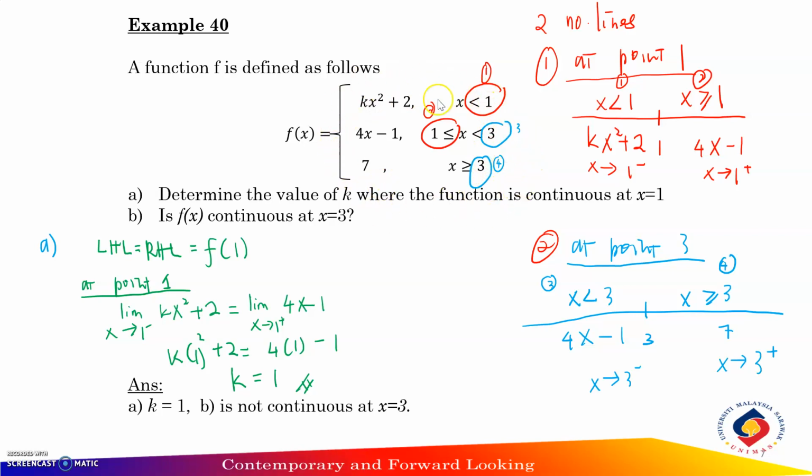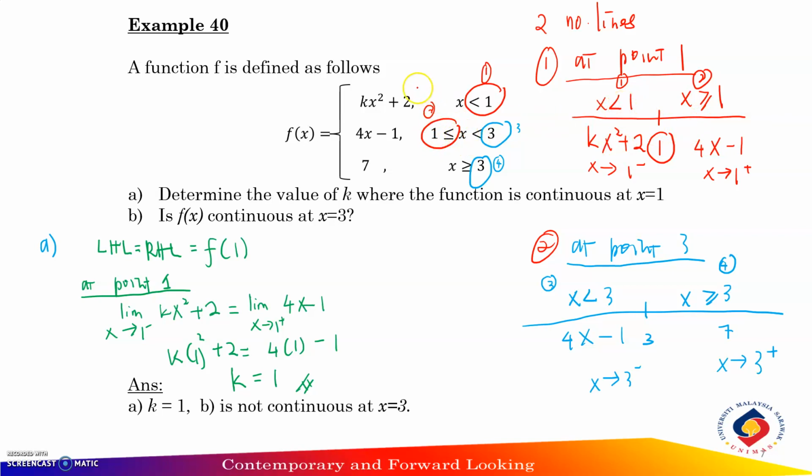from this function, we divide into two number lines. The first number line is at point 1. As you can see, this one is x less than 1 and this one is x greater than 1. So we can draw the number line here. This is 1, the point to be approached, and we have x less than 1 and x greater than or equal to 1.